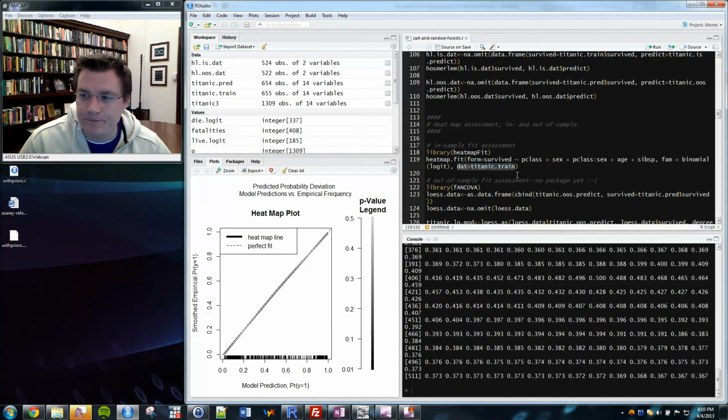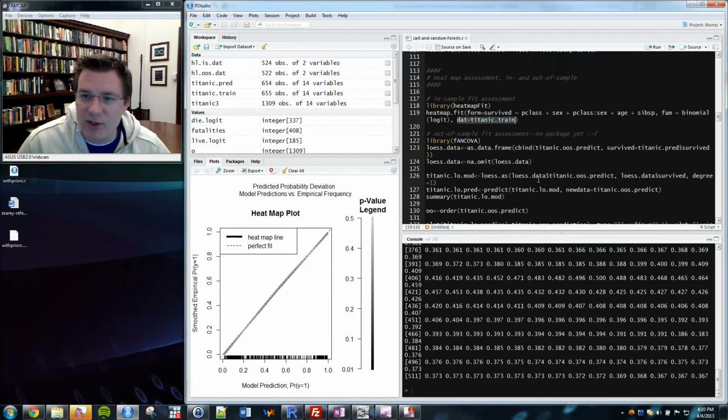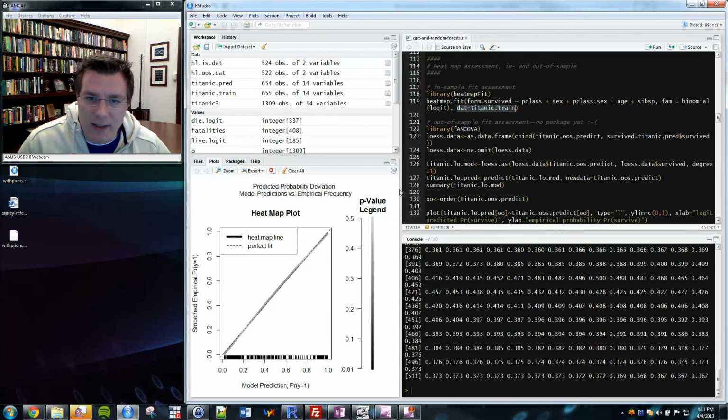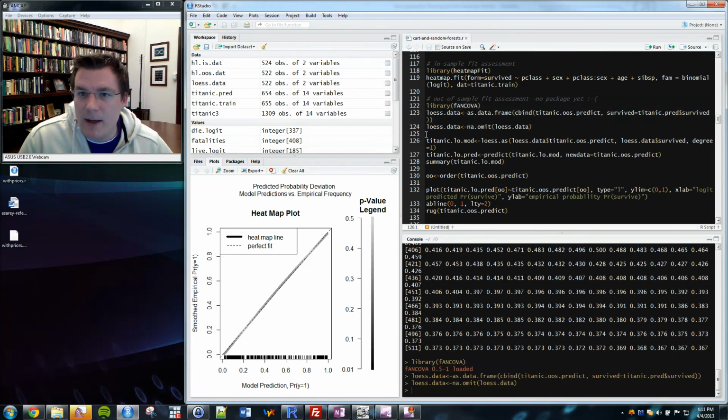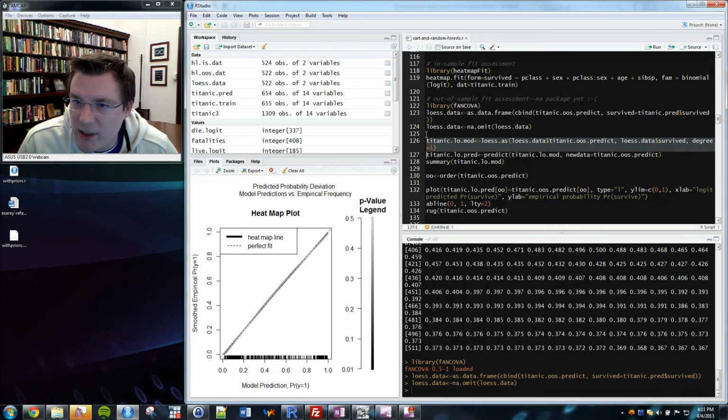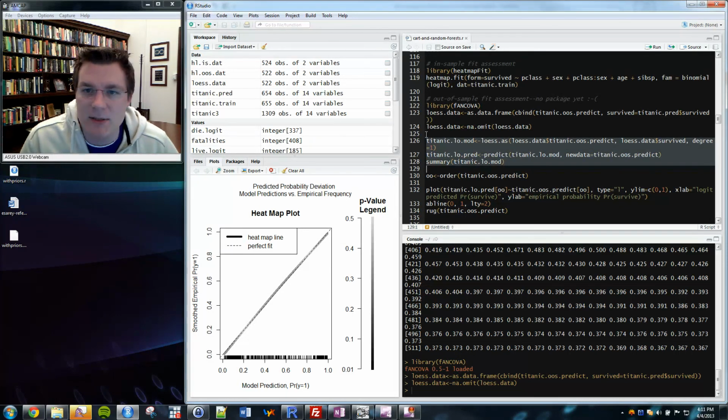So it's good news. But now, if I try to do out-of-sample fit assessment, I can't do the bootstrap portion, but I can certainly construct a lowess model the same way that I described in the notes. So what I'm doing here is just dropping the missing data, and then predicting a lowess model out of the Fancova data set using the lowess function in Fancova, with my predictions as the fit variable and y equals 1 or 0 as the y variable, using a first degree linear approximation for the lowess function.